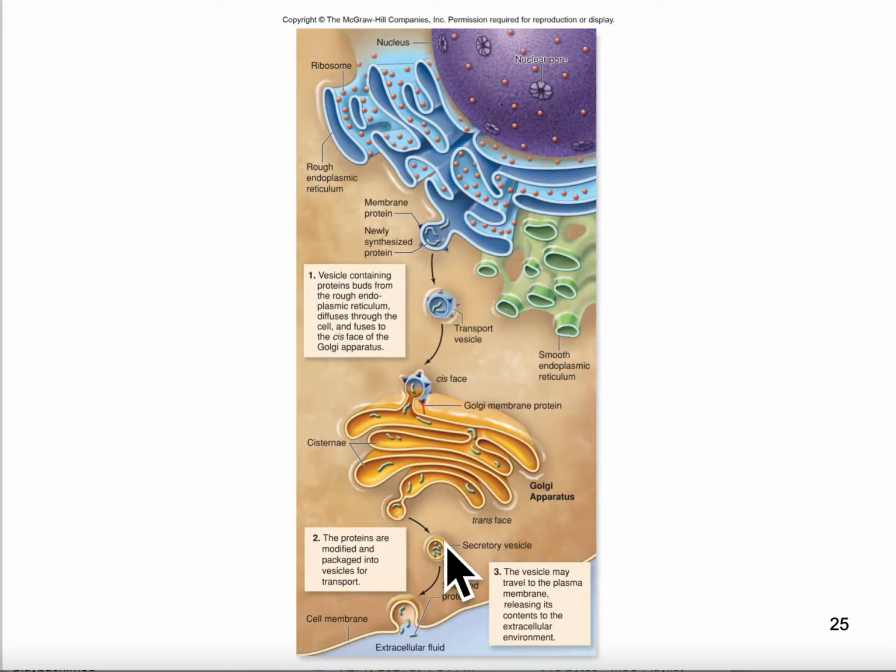That vesicle is now called a secretory vesicle because it's to be secreted. And it goes and it bloop, and it fuses with the phospholipid membrane of the cell. So this was the plasma membrane, or the outside border of the cell. And your phospholipid vesicle fused with it in a way that dumps the contents to the outside.